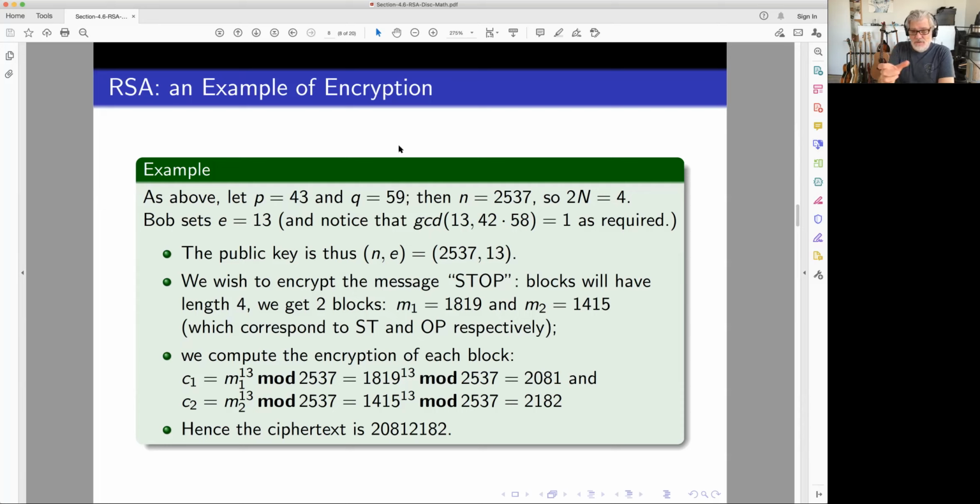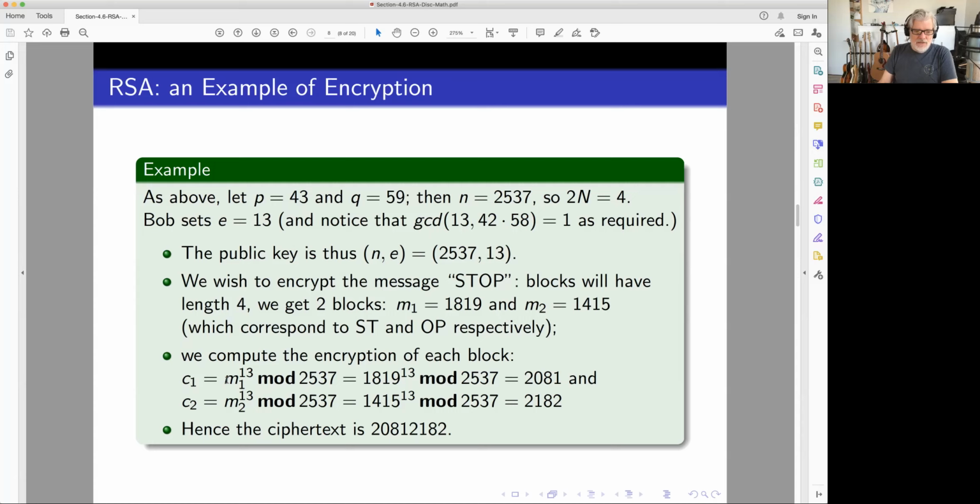So you see the numbers, even for small primes. Think if those primes have 200 digits each and E is pretty big. You need to be careful how you're computing this, because numbers will be very big.